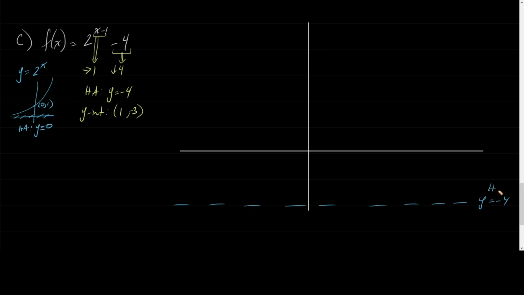Y equals -4 being a horizontal asymptote, and then we're moving things to the right by 1 and down by 4. So this point of 1, -3 exists somewhere on the graph. Let's say here's 1, and here's -3. So we have this point on there. And then from there, we know that that's this point and it needs to look like that. So it's going to look something like this.